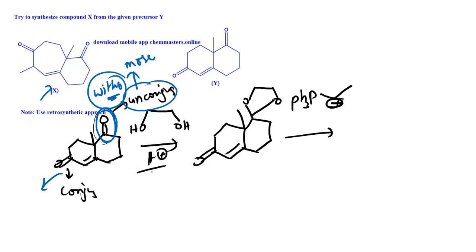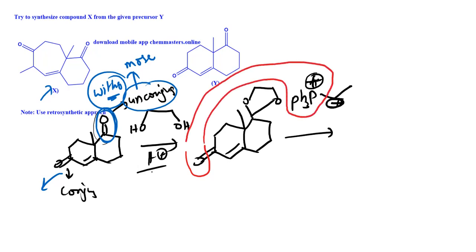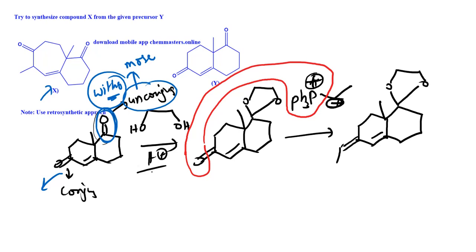Here is the negative charge and here is the positive charge. When you apply the Wittig reagent, the free conjugated carbonyl group reacts with it and produces its product. So here is the double bond, and here just write down that protected carbonyl group.